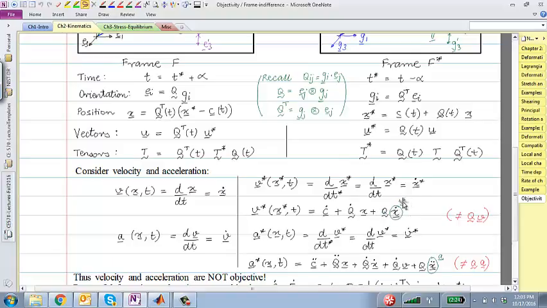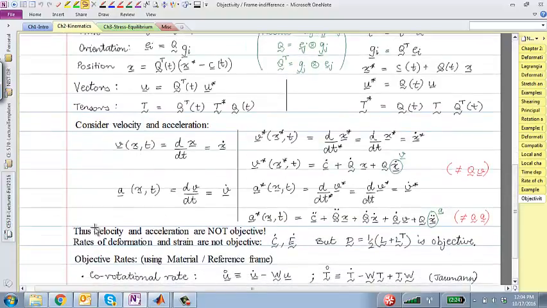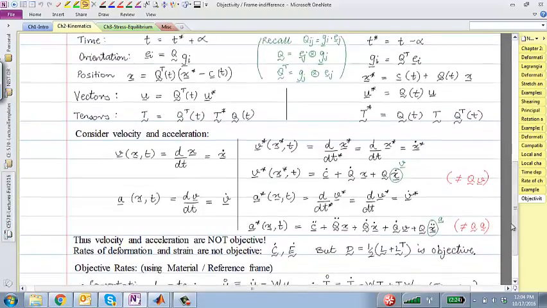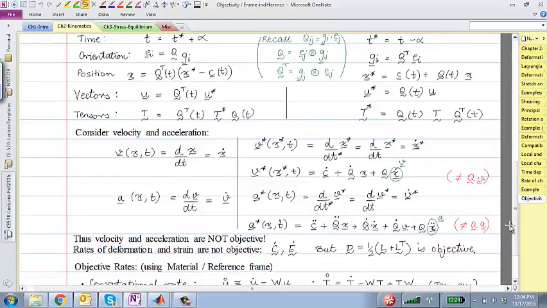For velocity to be objective, I should have gotten only this term, but I also get c dot, and I get Q dot times x. So a basic thing like velocity is not objective. Similarly, acceleration is not objective, if you apply the definition straight away by taking two time derivatives of this position.